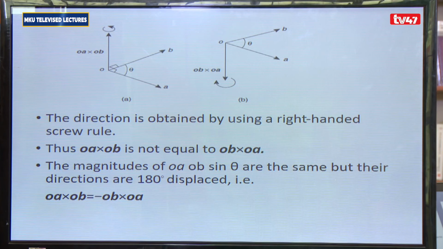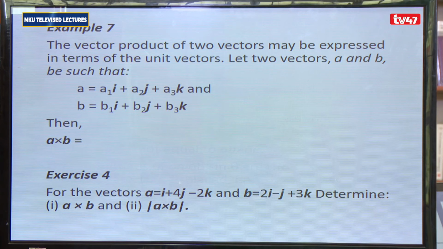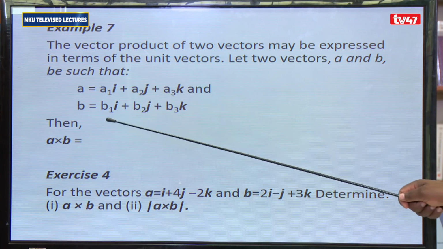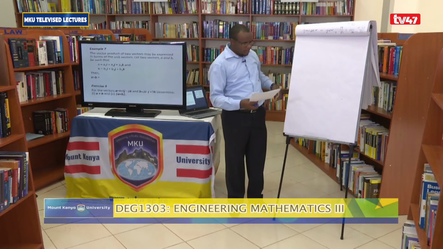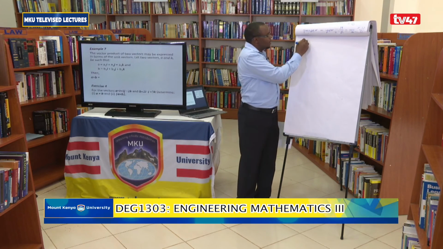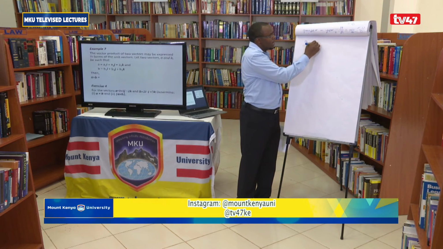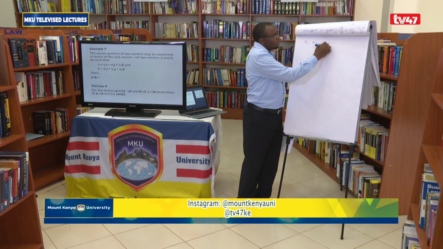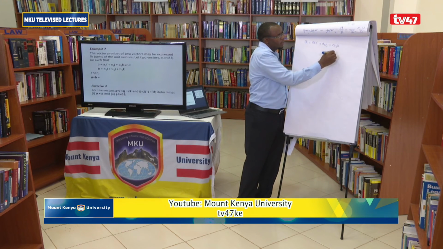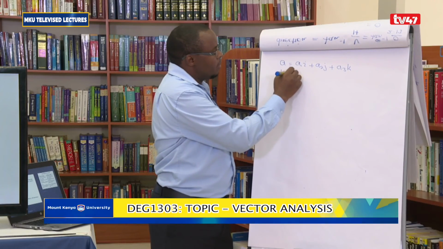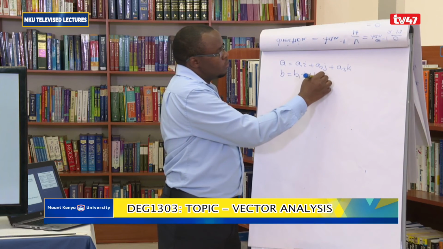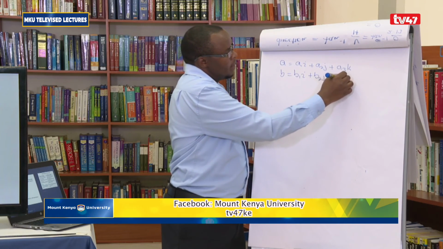Here, A is given by this vector and B by this vector, and you are told to get A cross B. Our A is given by A1 i plus A2 j plus A3 k, and our B is given by B1 i plus B2 j plus B3 k.